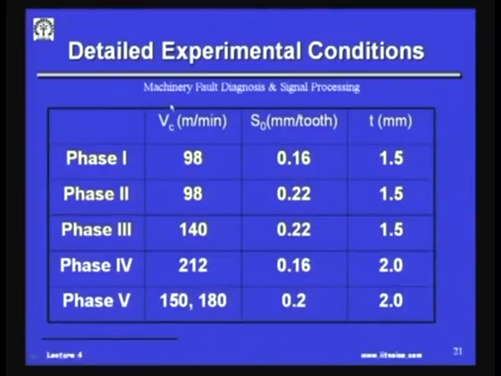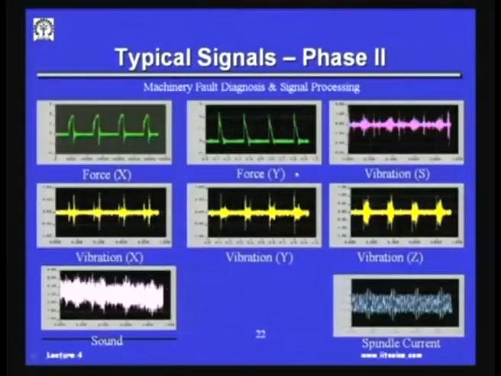And for these three phases, you will see the detailed experimental conditions for such an estimation: cutting speed, depth of cut, and so on. There are these three phases which were done in the laboratory, and then the severe phases were done in the industry. And these are the typical values of the forces which were measured in the laboratory.